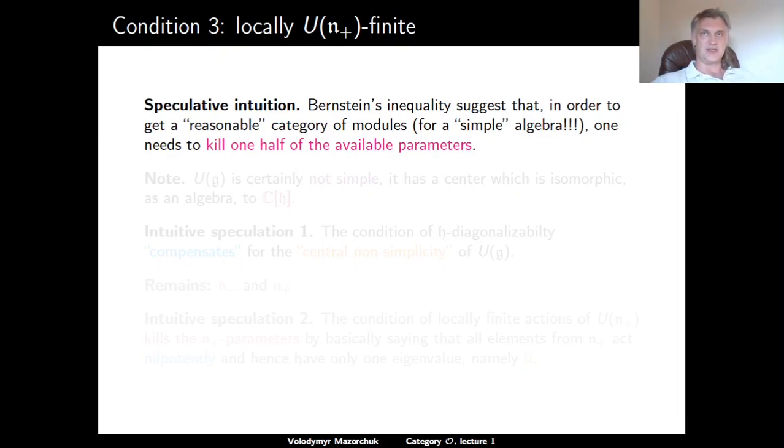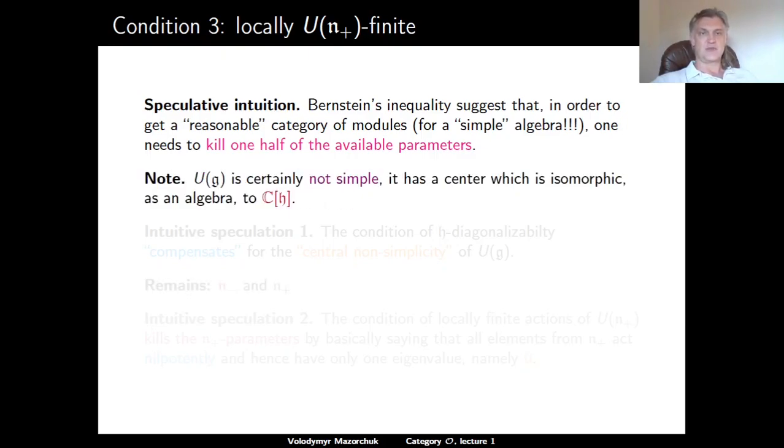So if the algebra is generated by 2k elements, it will probably have the Gelfand-Kirillov dimension 2k, and the simple module of minimal possible Gelfand-Kirillov dimension should have dimension k. So we need to kill 1/2 of the parameters. Of course, the algebra U of G is not simple because it has a center, which has roughly the same size as the universal enveloping algebra of the Cartan subalgebra.